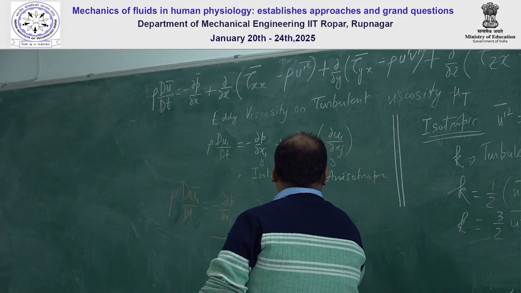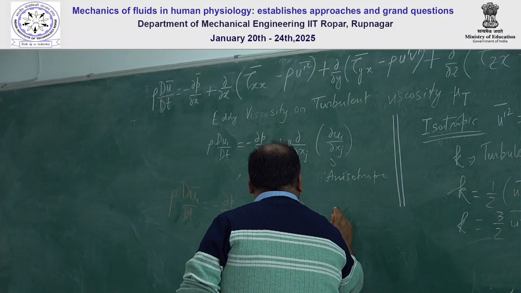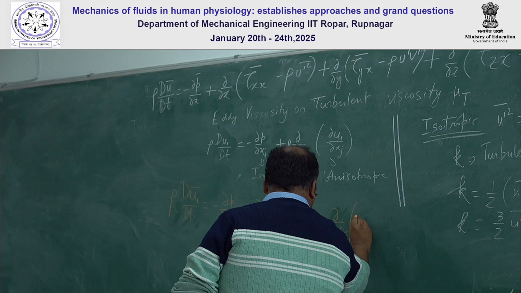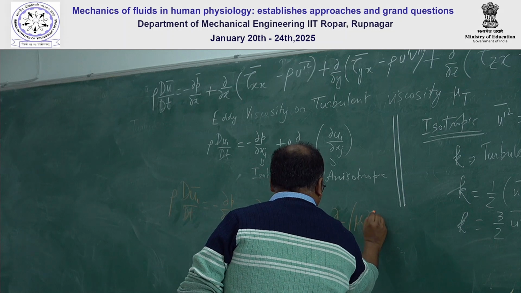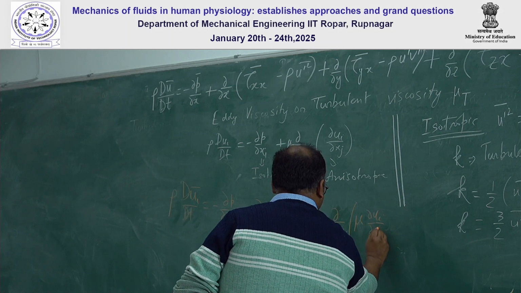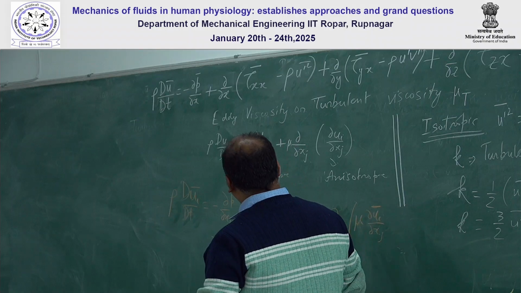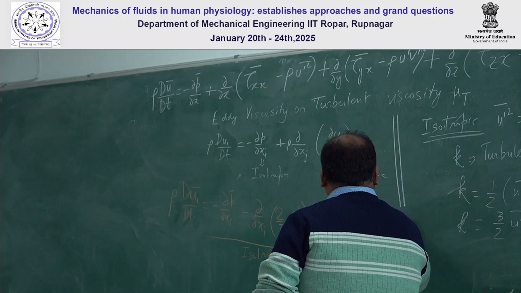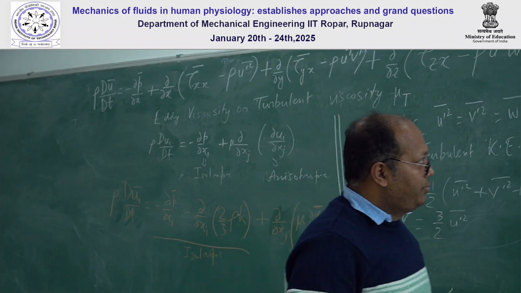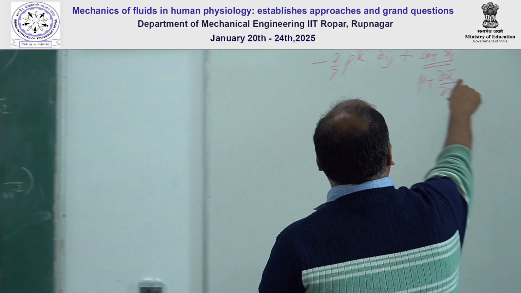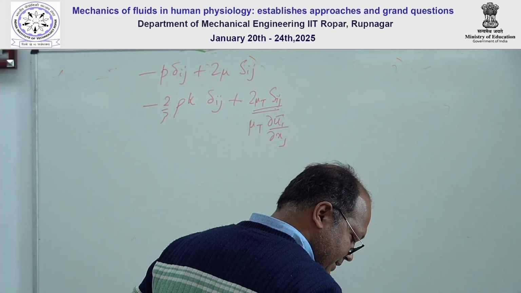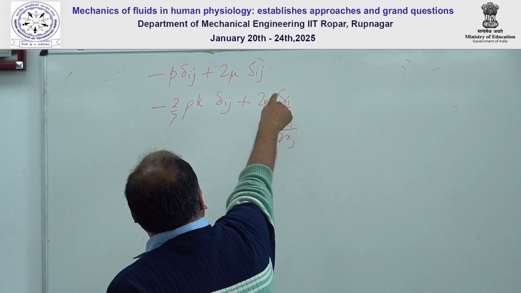So let's say mu, or rather let's write like this, del xj mu del u bar del xj. So this is the p bar. Now, this rest of the components here, you can see we have written 2 mu t Sij, or rather in this case it will be an overbar Sij here.